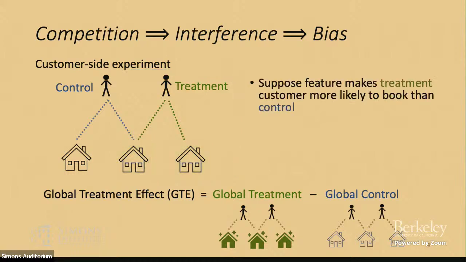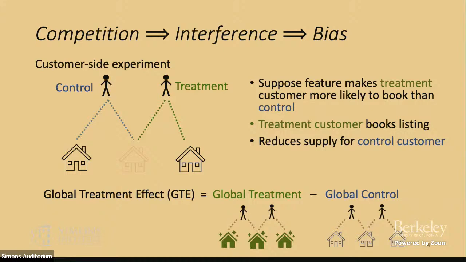And now, suppose that this treatment makes the treatment customer more likely to book than a control customer. Suppose that this treatment customer then books one of these listings, that listing then becomes unavailable for the control customer. And so what you did here is, by changing what the treatment customer sees, you're actually increasing the amount of competition for the control customer and reducing the supply available to them.